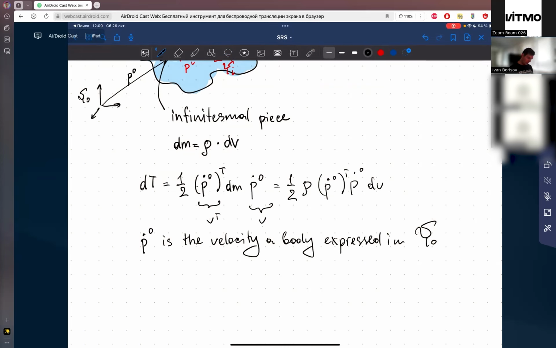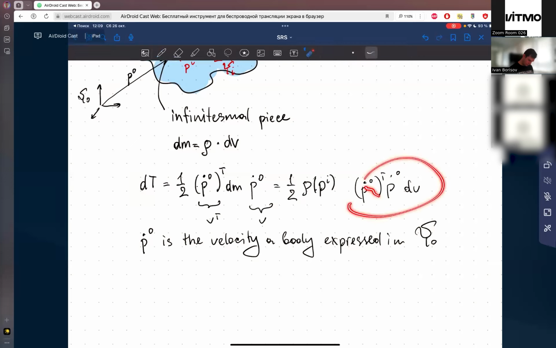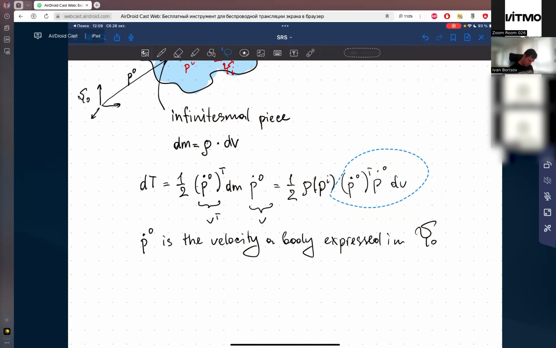And also I need to change a little bit: rho is actually not a constant, it's a function, and rho depends on p. So here you need to be cautious.